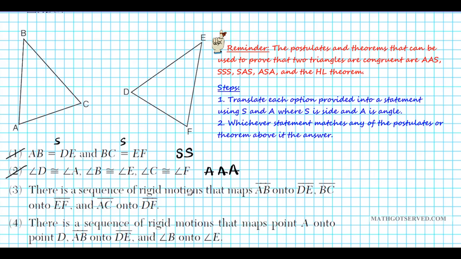Even though you might not really understand what rigid motion and mapping is exactly, some of you might, but let's just keep it simple. Okay, AB congruent to DE, what is that? Side. BC congruent to EF, what is that? Side. AC congruent to DF, what is that? Side. What is this? SSS. Is this sufficient to prove that two triangles are congruent? Absolutely. So this is the answer, option number 3.